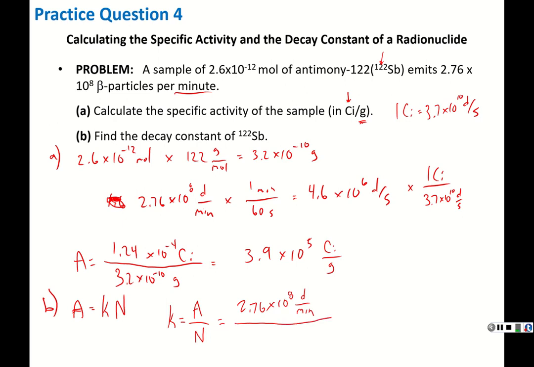And N is going to be the number of atoms that we have. We're given the number of moles, so we just need to multiply by Avogadro's number.